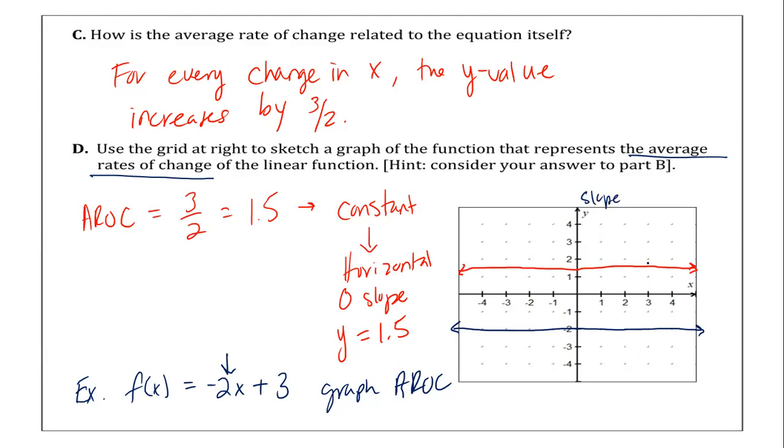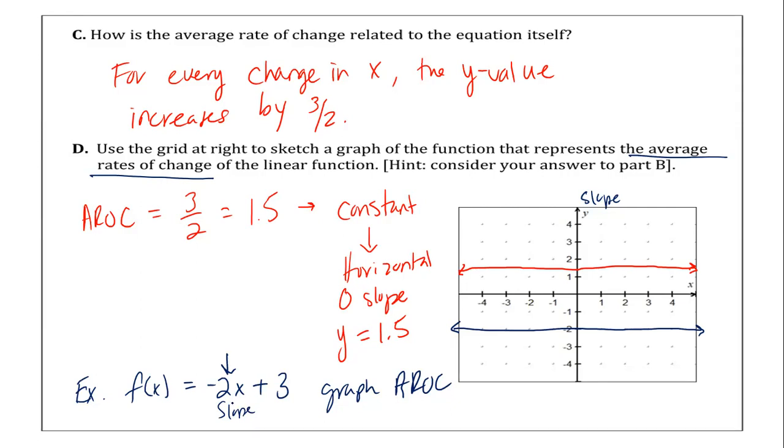When x equals 3, the slope is 1.5. But on the blue graph, it has to be at -2 because what is your slope? -2. Because the average rate of change on the first one is 1.5, but is this in the negative or no? No, I just made up another example to make sure you understood. The average rate of change on the example is what? The average rate of change is -2.